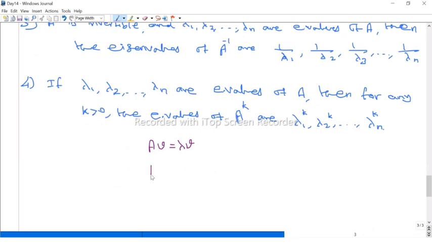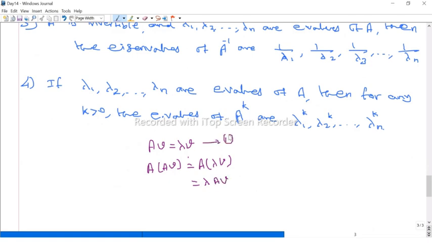Now apply A on both sides, so we get A of Av equal to A of lambda v. Now A is a linear transformation because it's a matrix, therefore we can take lambda outside, and we get lambda Av.